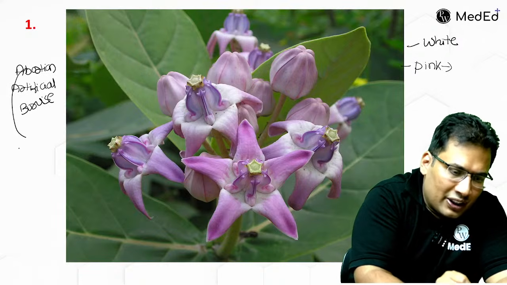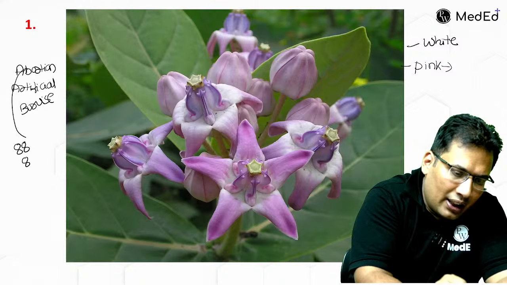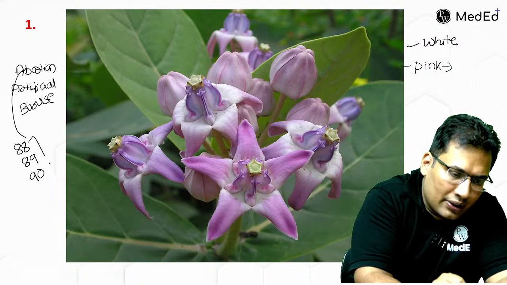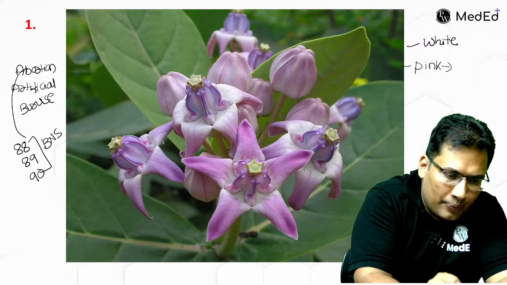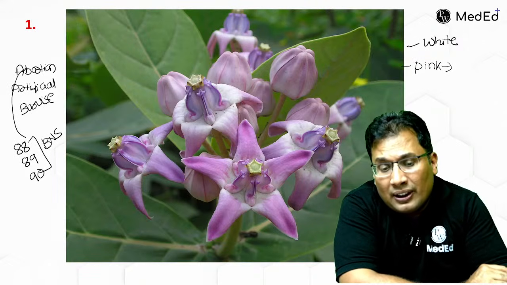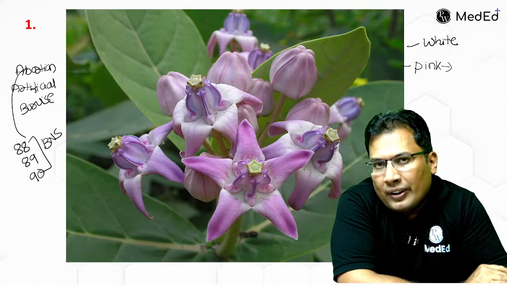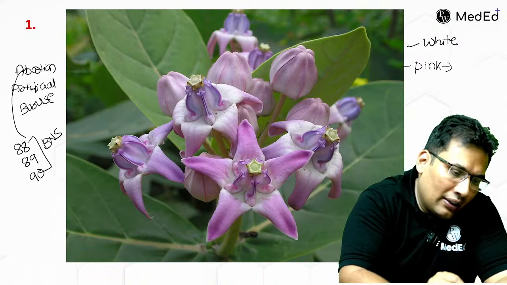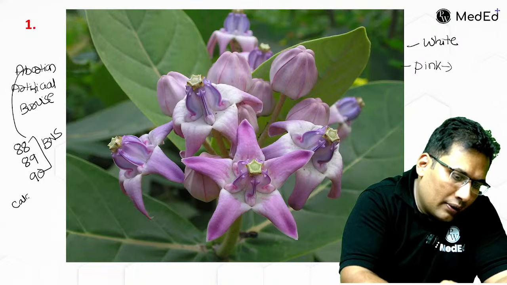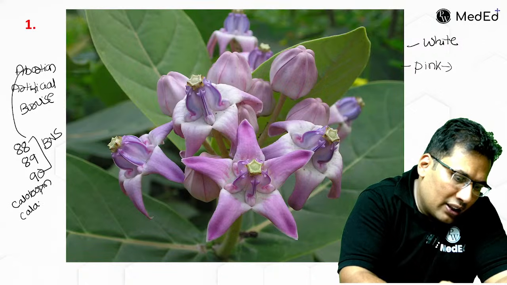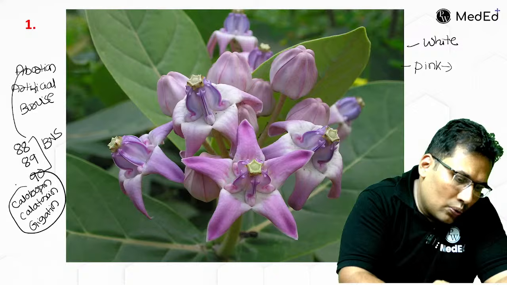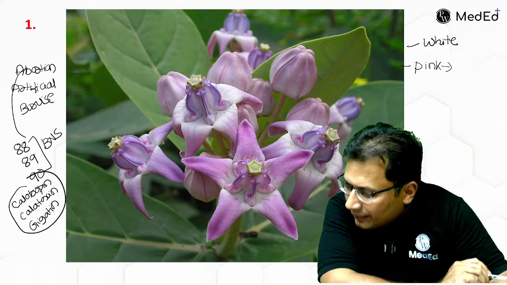Criminal abortion is punishable under sections 88, 89, 90 BNS. The active principles are calotropin, calotoxin, uscharin. So what is the best answer, guys?